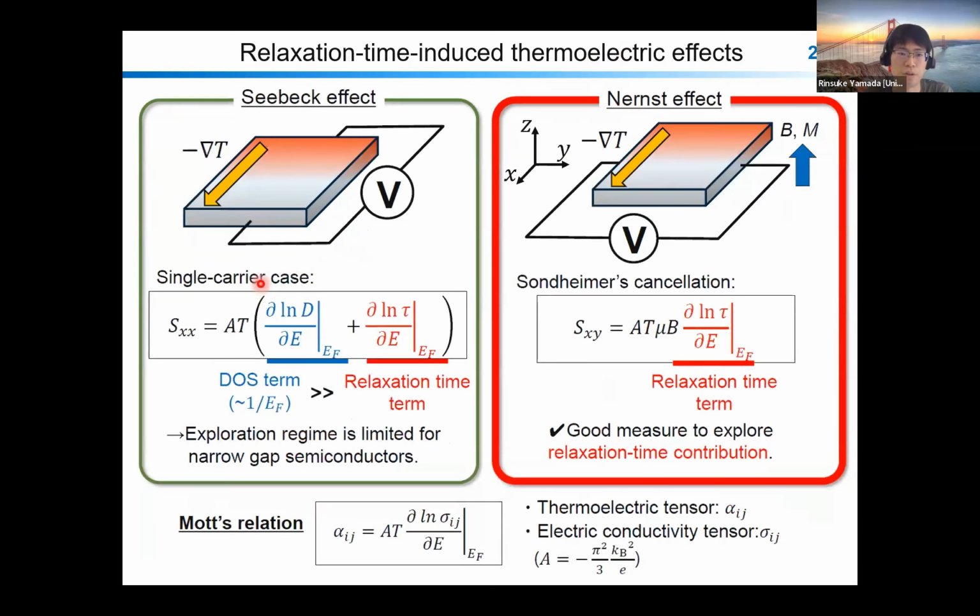If we use the simplest model with the single carrier case, the Seebeck effect can be written in this formula, composed of a density of states term and the relaxation time effect.